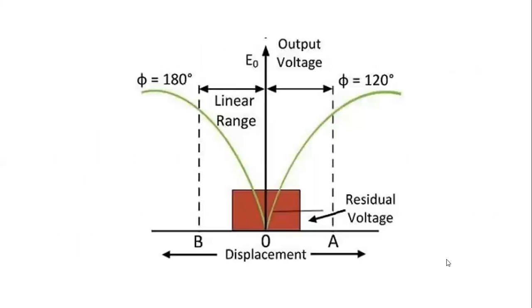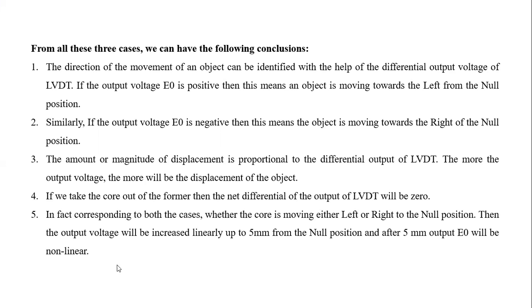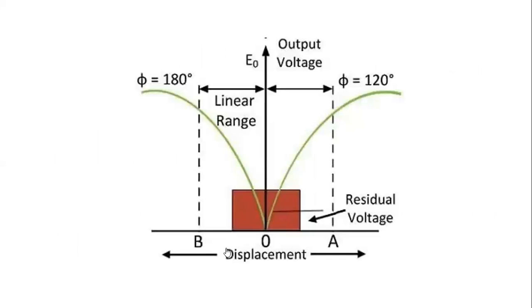This is your graph showing the voltage against displacement. As the displacement increases, the output voltage increases linearly, and after that the output will be non-linear. This is again the negative side.